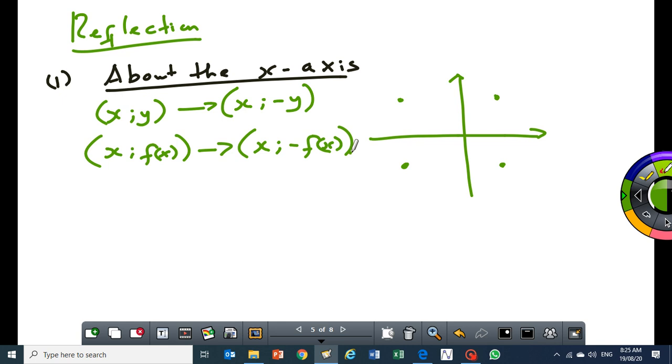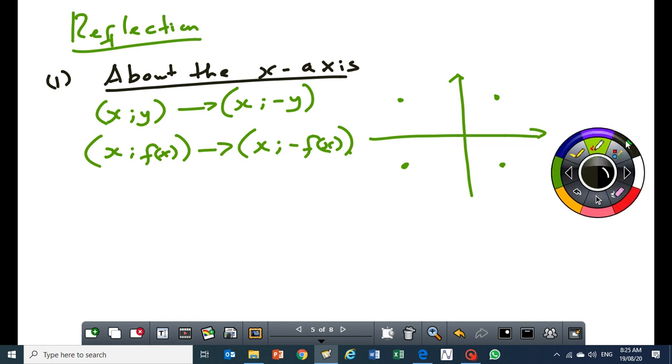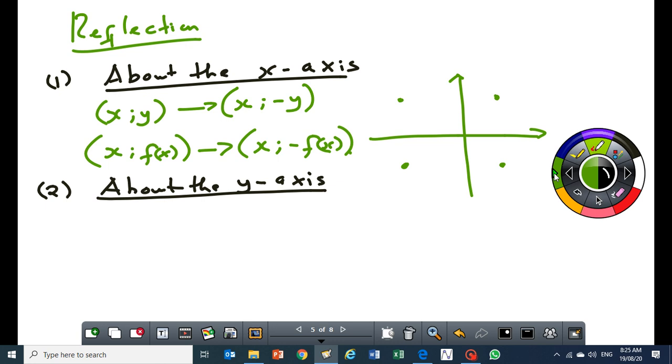Then reflection about the y-axis. Now your reflection about the y-axis is like this. You start with your (x, y), which is your specific point.